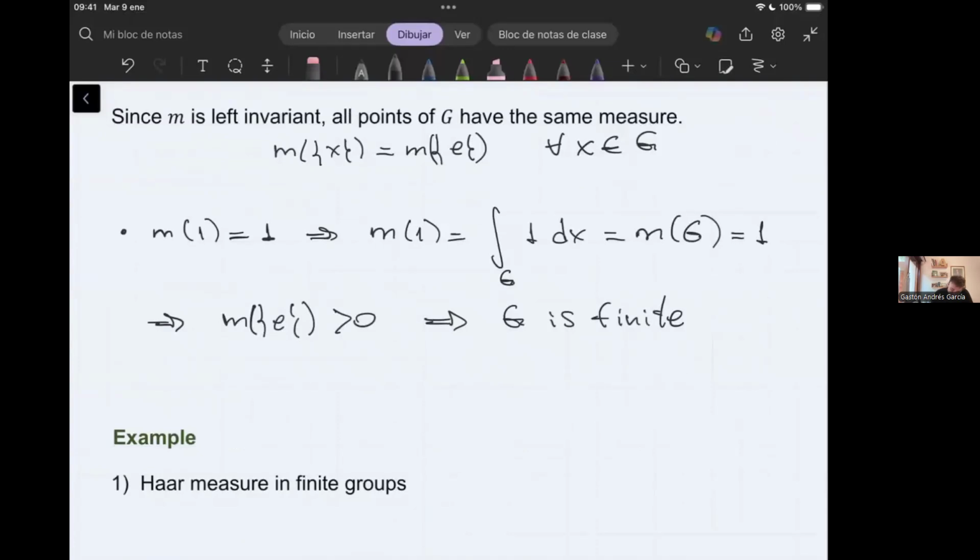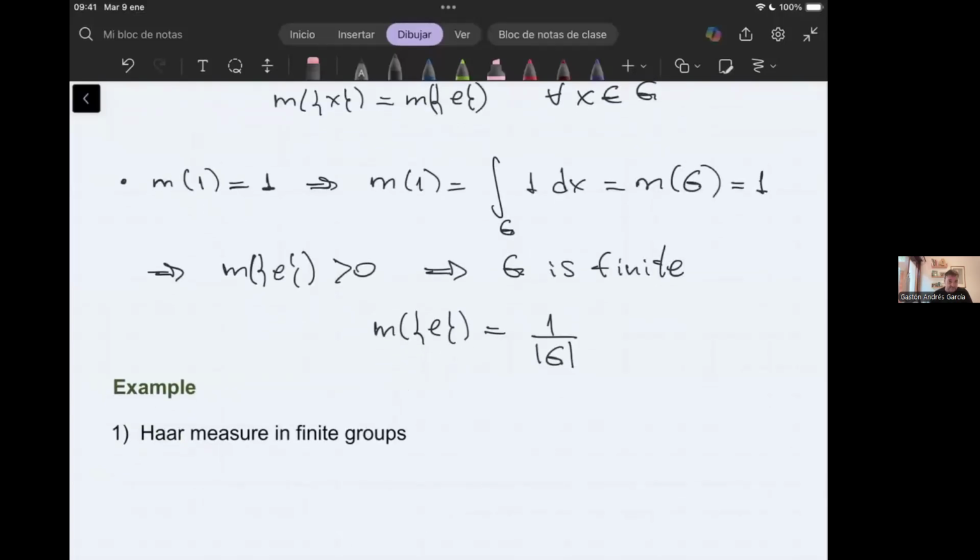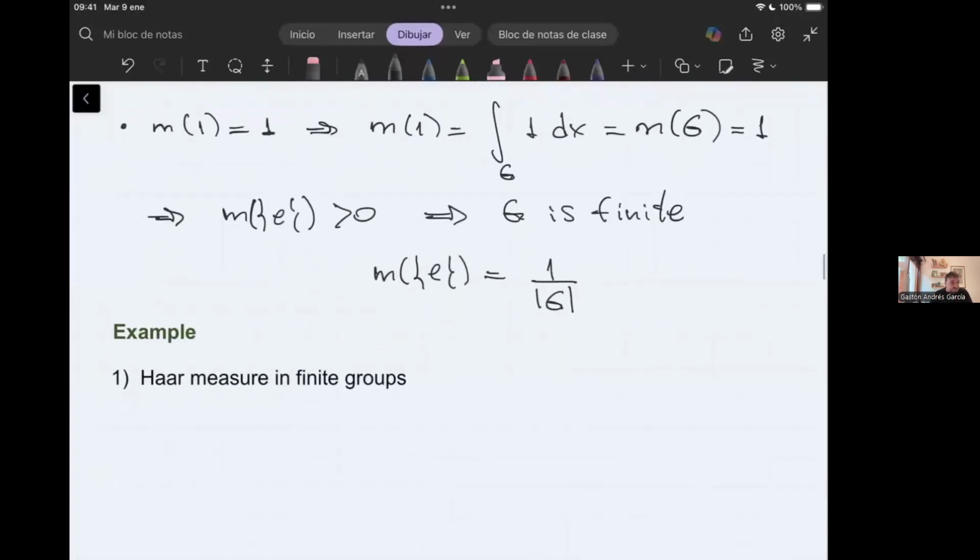And in that case, the measure of E is equal to 1 over the order of G. The measure of G is the sum of the measure of all the points. They have the same measure, so the measure of any one has to be 1 over the order of G.